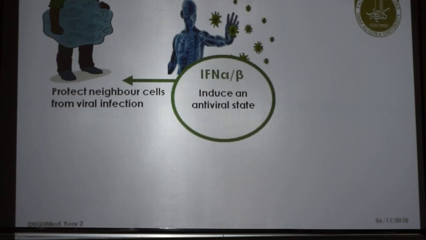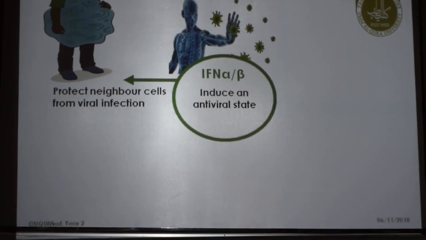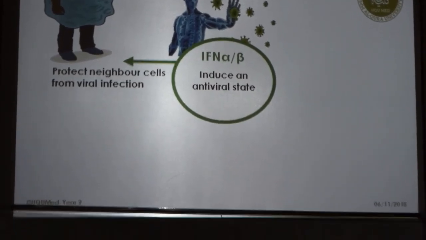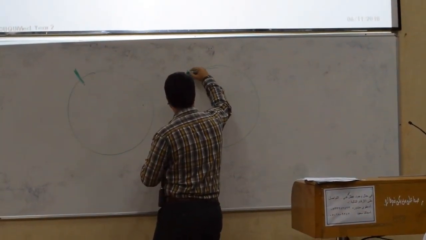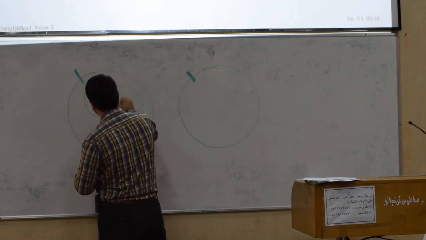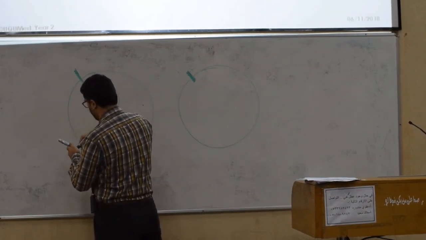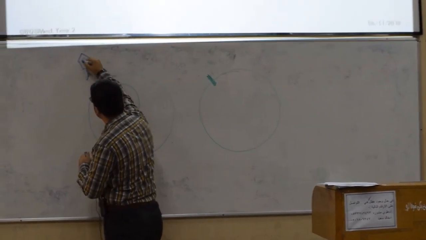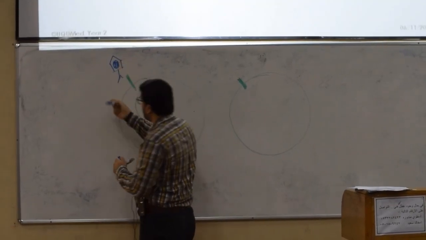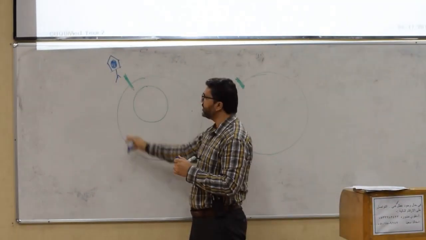So first thing, the receptors. So all the viruses, they will enter any cell by the help of receptors. So this is the virus that is trying to enter any normal healthy cell.